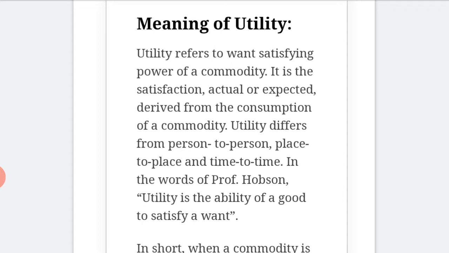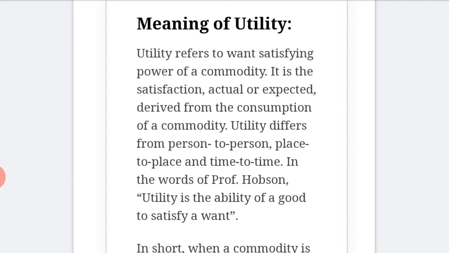So we already know the meaning of utility, features of utility and forms of utility. So what is utility? Once again we will repeat and continue. It refers to the want satisfying power of a commodity. It is the satisfaction which we get from the consumption of the commodity which we considered.